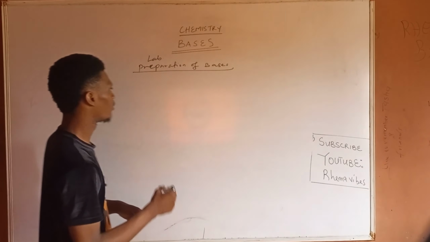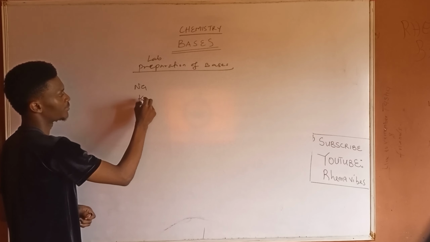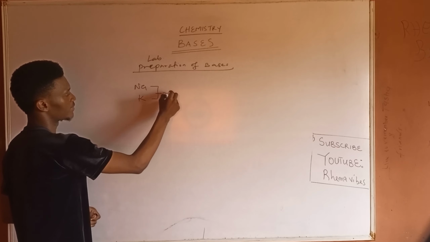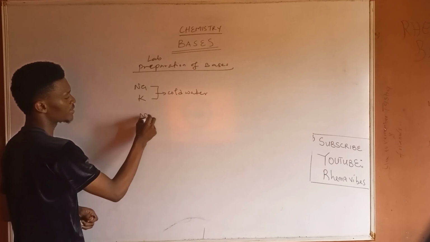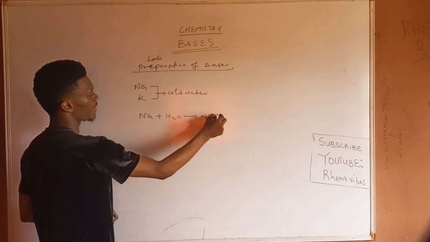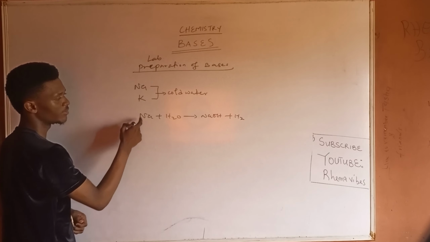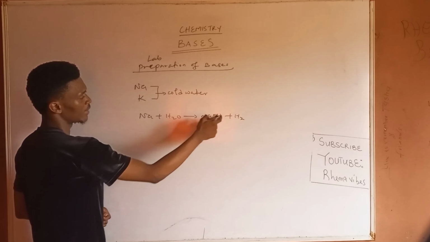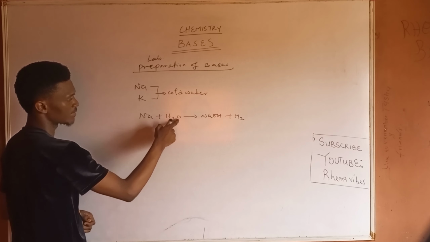For example, when you dissolve sodium or potassium in cold water, what happens is this. When sodium is dissolved in cold water, it tends to produce sodium hydroxide while liberating hydrogen gas. Now, balancing this reaction, you have one sodium, three hydrogens, two hydrogens, then one oxygen and one oxygen.